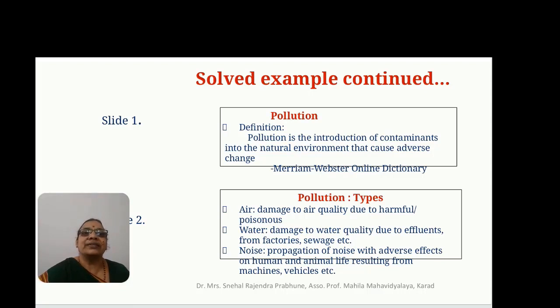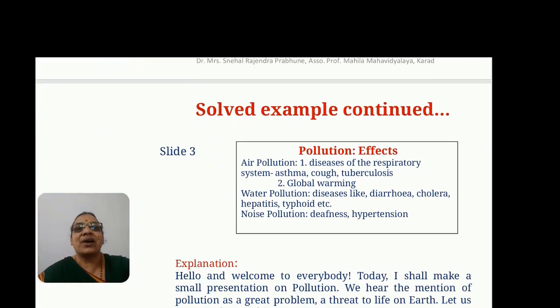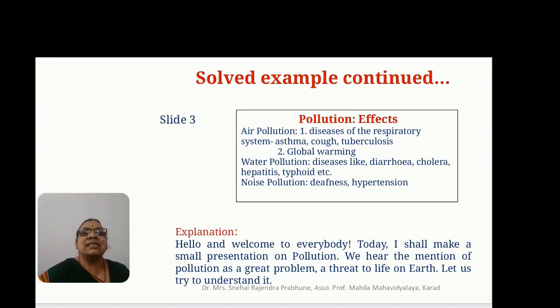Pollution types. This is the way you give the title and then you add the points. Air pollution is one type. Damage to air quality due to harmful or poisonous substances. Damage to water due to effluents from factories, sewage, etc. And noise pollution, propagation of noise with adverse effects on human and animal life resulting from machines, vehicles, etc. Now, the third slide is pollution and its effects.